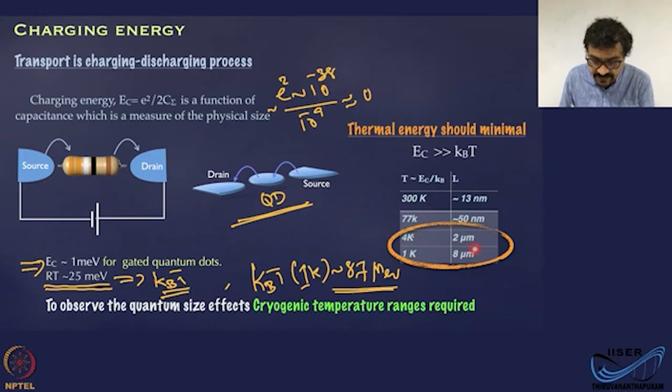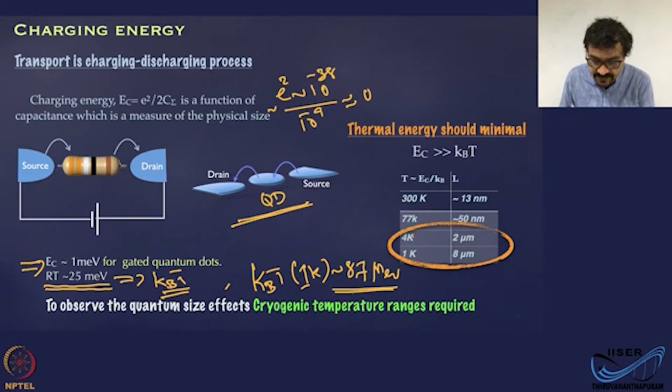These numbers are based on just the physical size and the capacitance that we calculate from the physical size. But you have to take this capacitance calculation with a pinch of salt, because you are always going to attach some leads, right? That can actually increase its capacitance. So these sizes also will get adjusted accordingly. But this is purely based on the self-capacitance of completely isolated bodies, in the shape of a sphere.